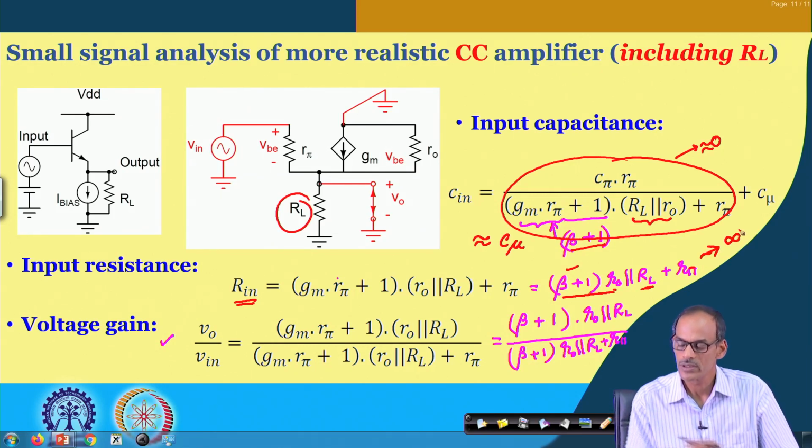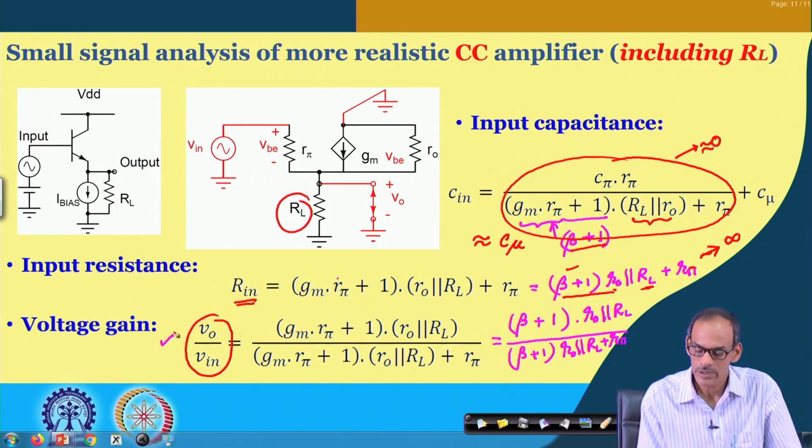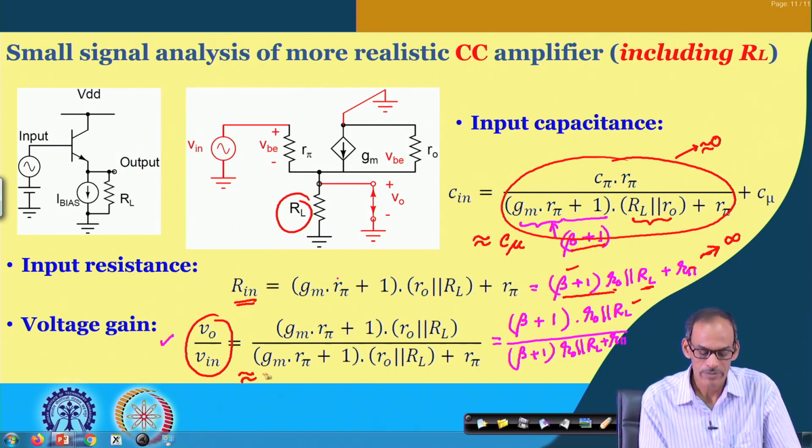So we may say that this is going to be very high compared to other resistances in the circuit. Likewise, for the voltage gain, even if I consider the effect of RL, this can be well approximated by close to 1.